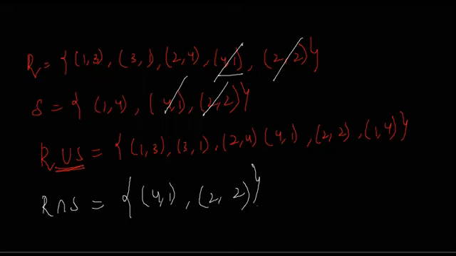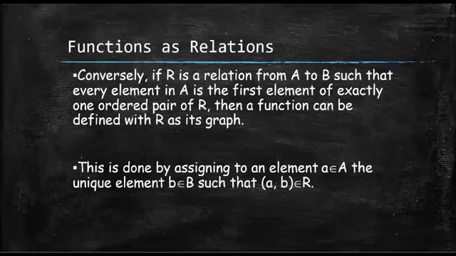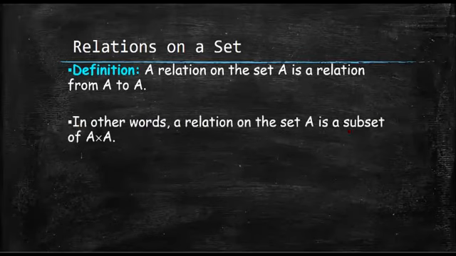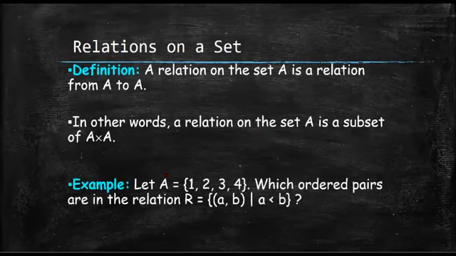Okay. The next thing is relations on a set. A relation on a set A is a relation from A to A. So basically, a relation on the set A, which we have just studied, A cross A, is a universal set. So a relation on the set A is a subset of A cross A. Let A be equal to 1 2 3 4.